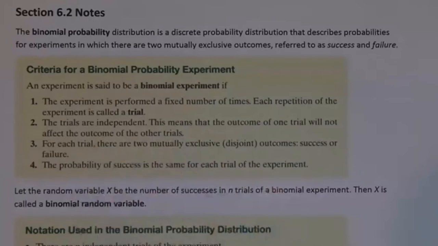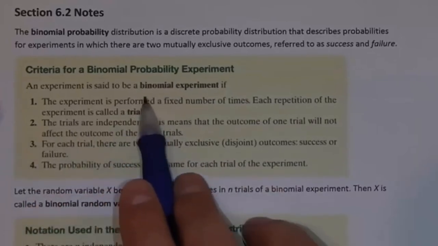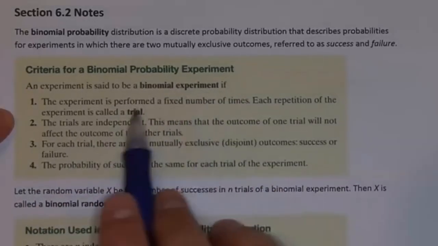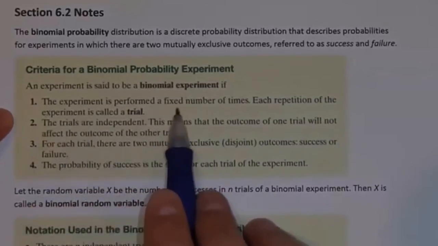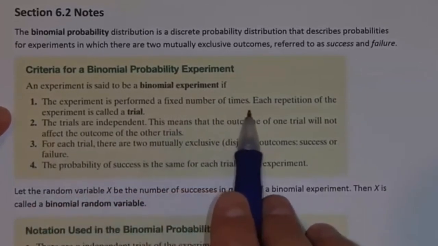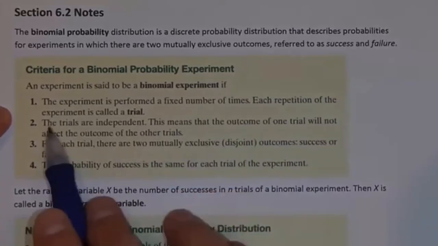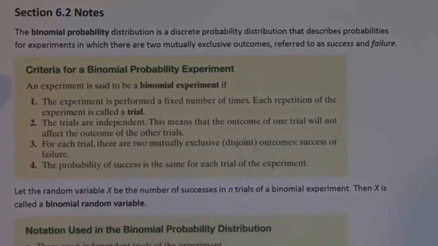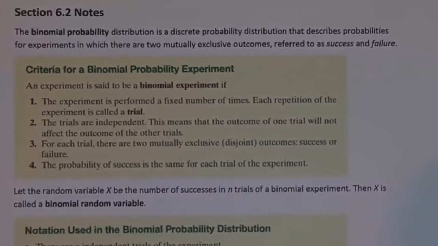Criteria. An experiment is said to be a binomial experiment if, one, the experiment is performed a fixed number of times. Each repetition of the experiment is called a trial. So for example, the basketball problem that we looked at in the previous section, that was a binomial experiment.